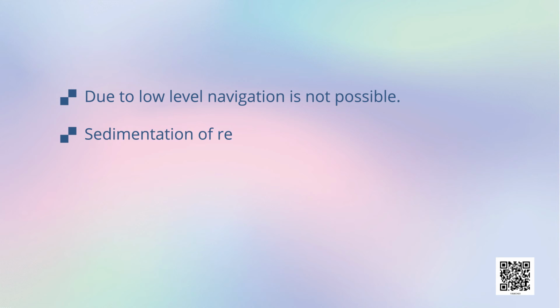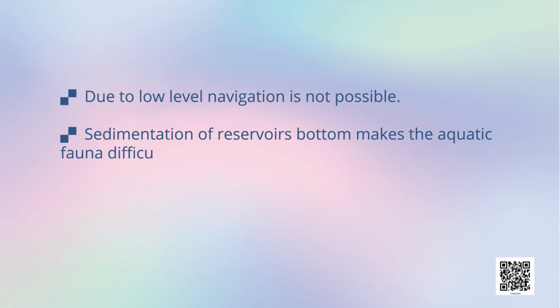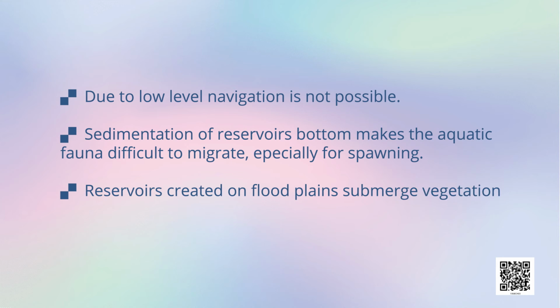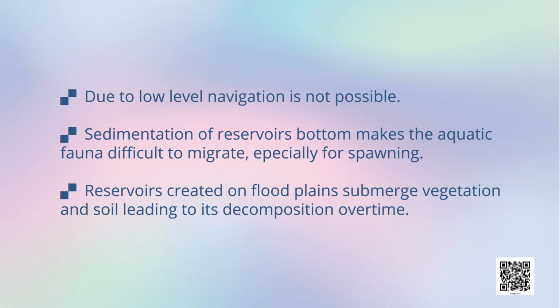Due to low level, navigation is not possible. Next, sedimentation of the reservoir bottom makes it difficult for aquatic fauna to migrate, especially for spawning. Reservoirs created on flood plains submerge vegetation and soil, leading to its decomposition over time.